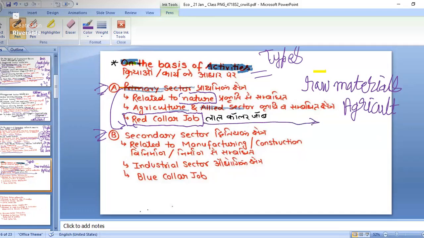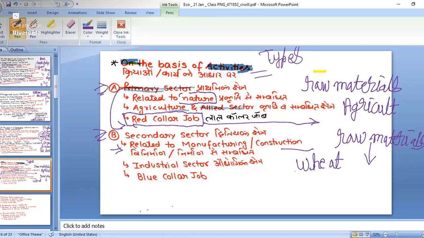So remember this. Then we have the secondary sector. The secondary sector is related to manufacturing or construction. Here, first we have the raw materials. Suppose from agriculture we are getting wheat, and from wheat we are making flour.